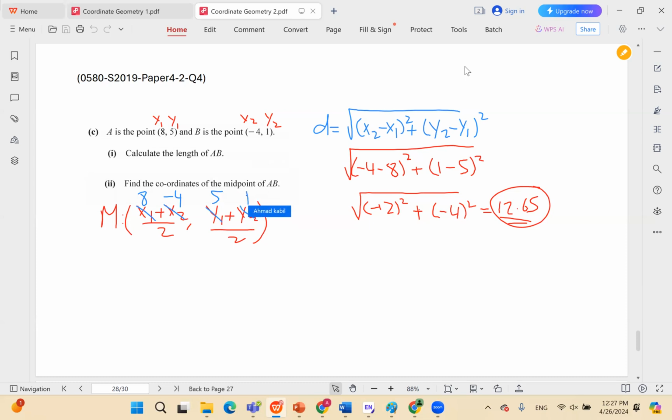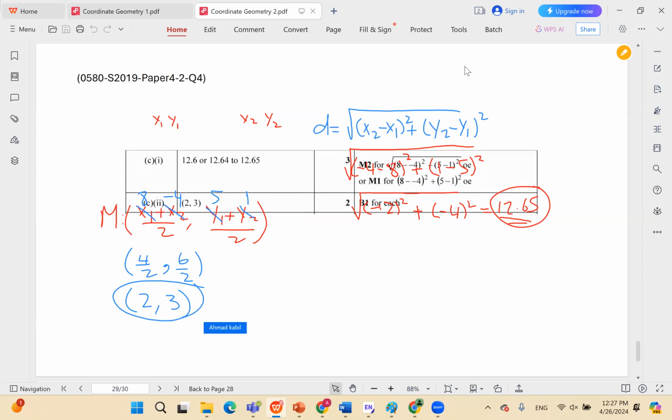So we have 8 plus -4 is 4, 4 over 2. 5 plus 1 is 6, so 6 over 2, which is basically (2, 3). So 12.65 is correct for the distance, and (2, 3) is correct for the midpoint.